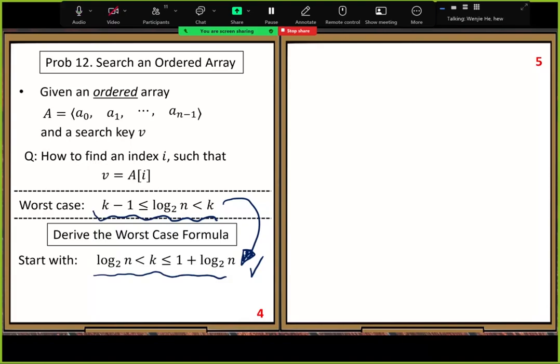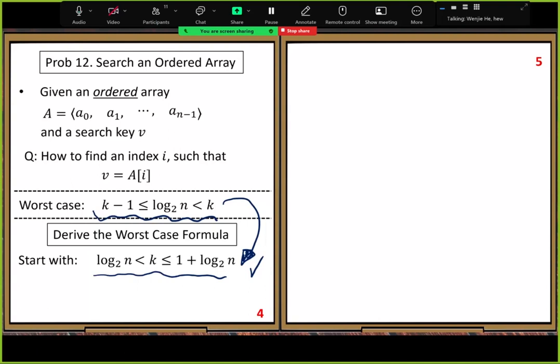So log base 2 of n is not an integer expression. In order to improve this inequality, can we convert that non-integer expression to an integer expression? Because k is an integer, we should use an integer expression to describe k, right? Why use a non-integer expression to describe integer k?